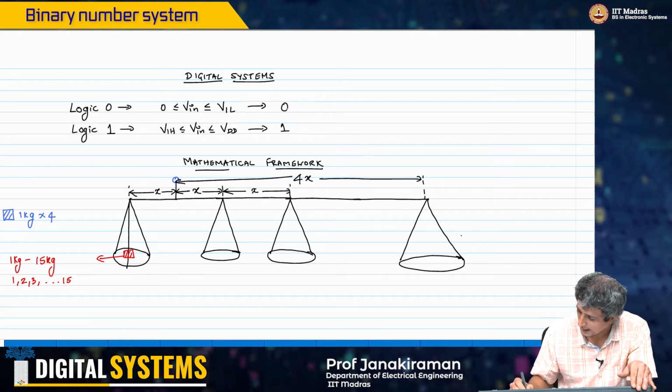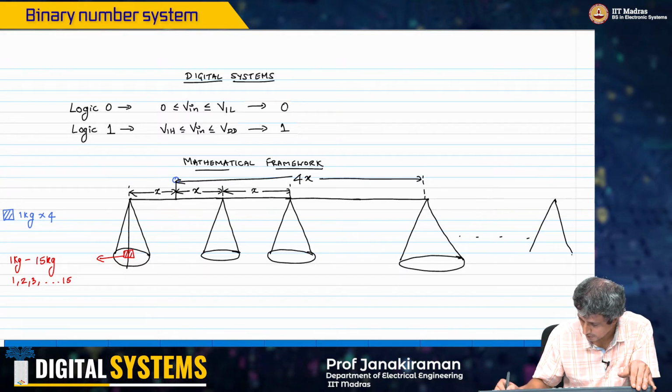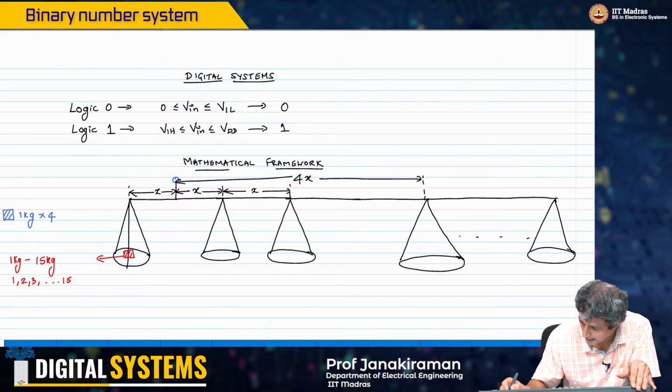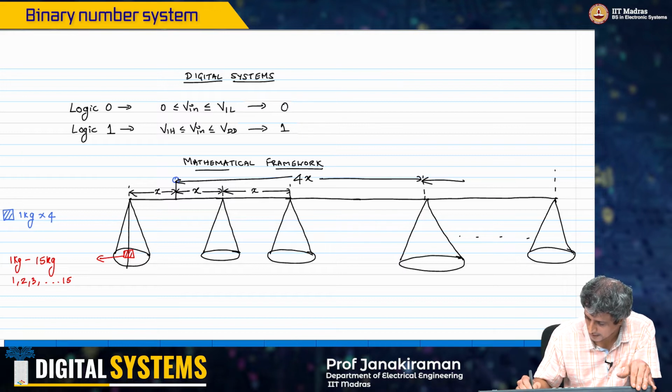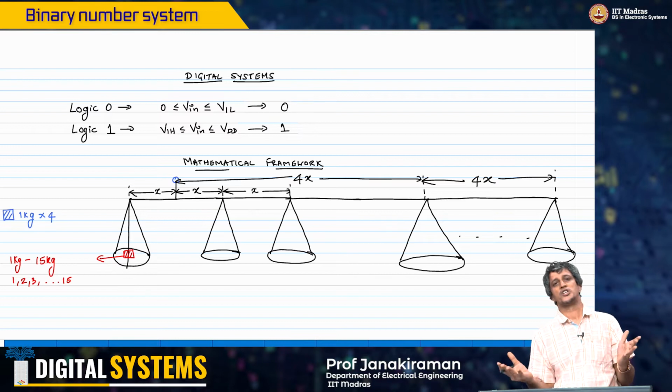Then I have another one all the way quite far away which is going to be at a distance of 8x, okay, the last one is not to scale, so this is another 4x in terms of distance.